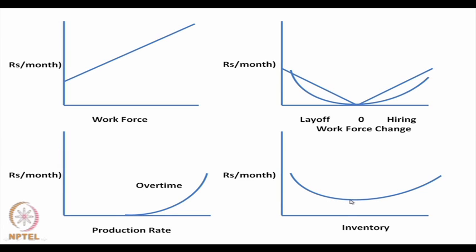We shall consider this in more detail when we discuss inventory control, but at this moment take it for granted that if inventory increases, the value associated with it increases, and if inventory is less, then also the value increases because of opportunity cost associated with it. So, all these costs, at least these 4 costs, the production rate change, the inventory change, the workforce change, can be approximated as quadratic, and this cost remains more or less linear.